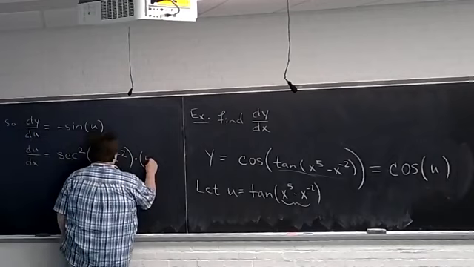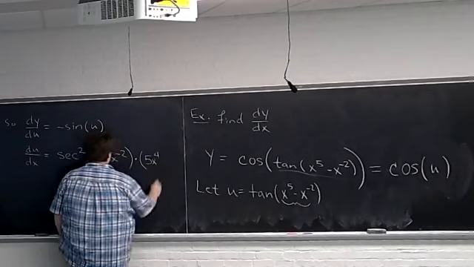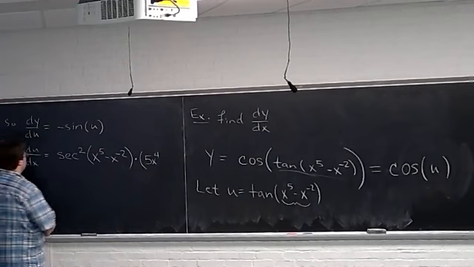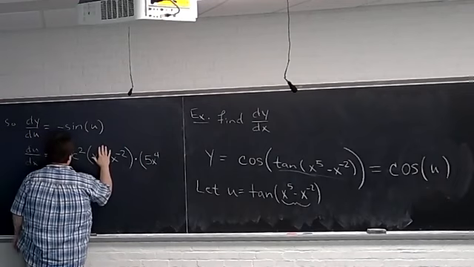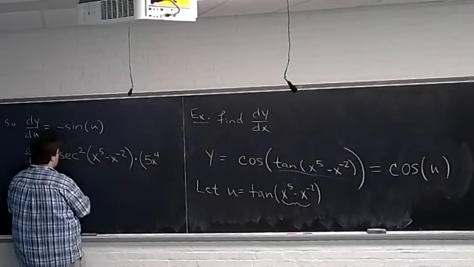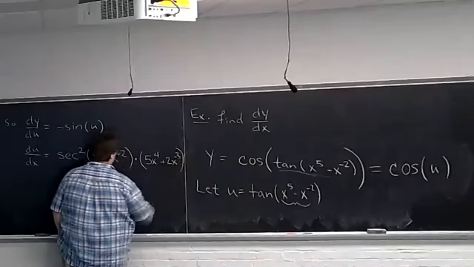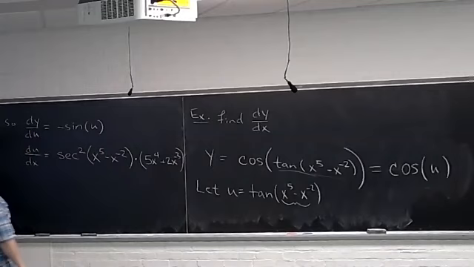Derivative of x to the fifth, 5x to the fourth. Derivative of x to the negative 2: ignoring this first negative, the power rule will give you negative 2x to the negative 3. The negative and the negative 2 become a positive 2. The exponent goes down by 1.